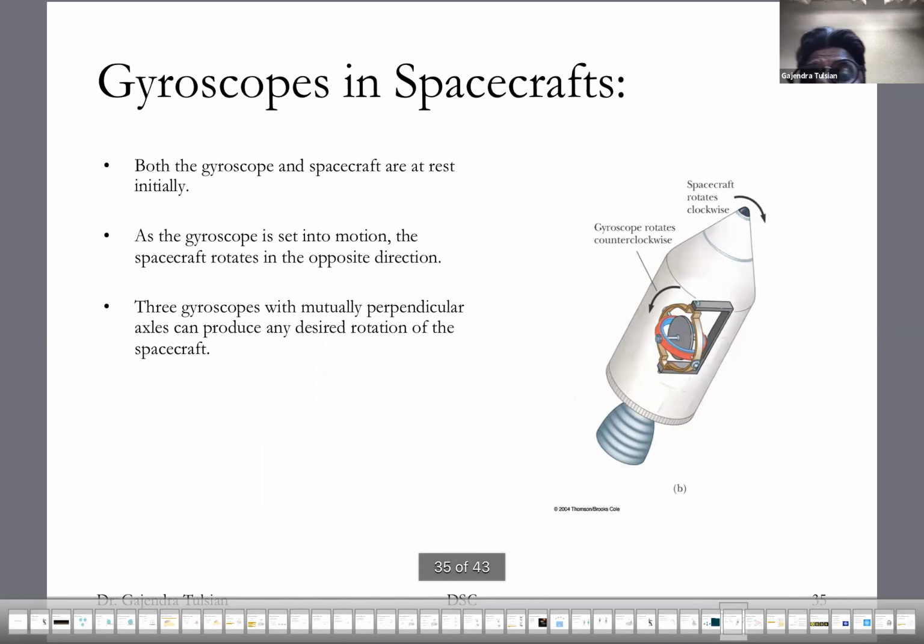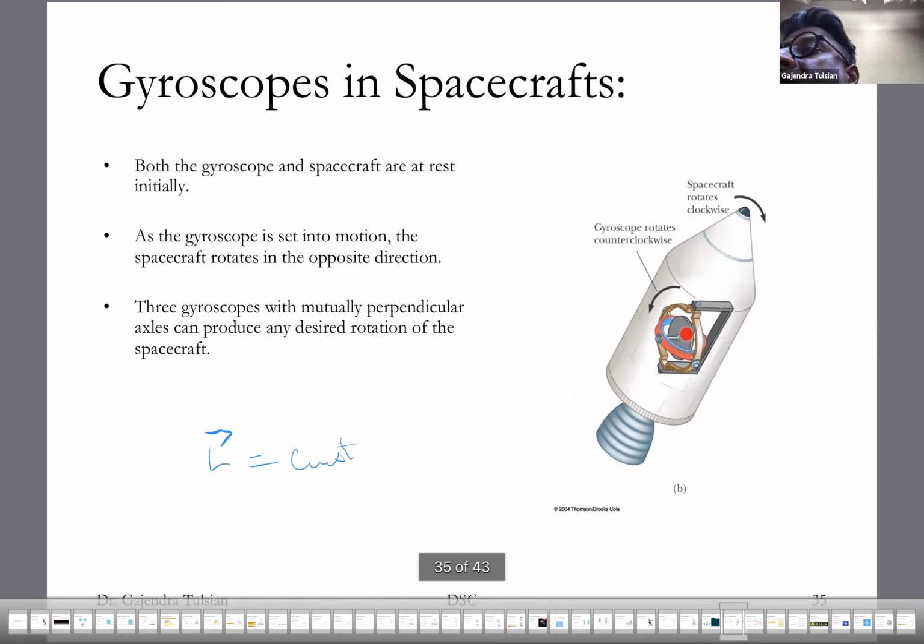We use this fact, that angular momentum is constant if no torque acts on it, to turn satellites in orbit. Here's a satellite, and let's say you want to turn it. You can put an electrically operated gyroscope in the satellite.